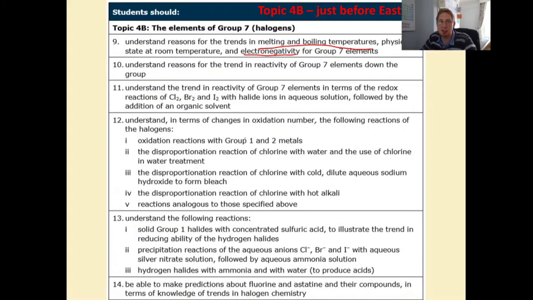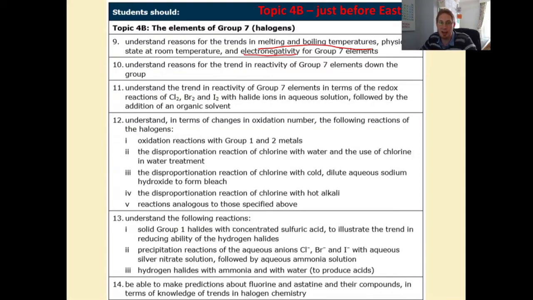Understand the reactions of halogens with Group 1 and 2, disproportionation with water, disproportionation reactions of chlorine with cold dilute aqueous sodium hydroxide to form bleach, disproportionation reactions of chlorine with hot alkali, and reactions analogous to those specified above. That means bromine and iodine as well.